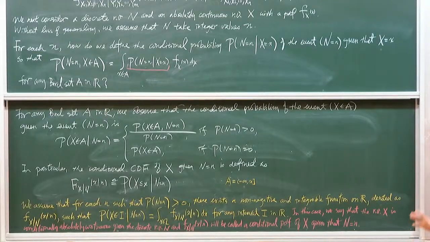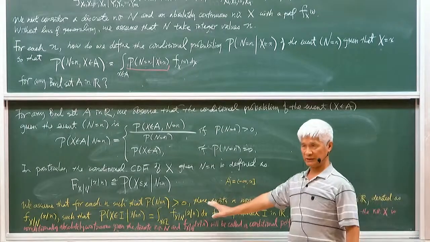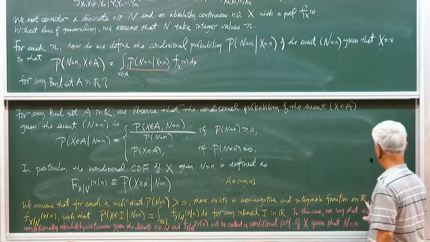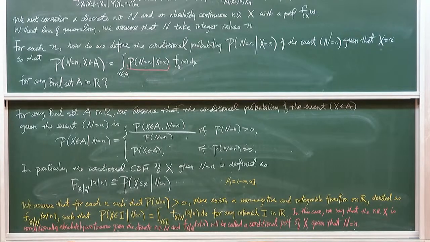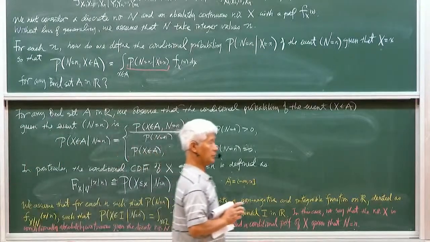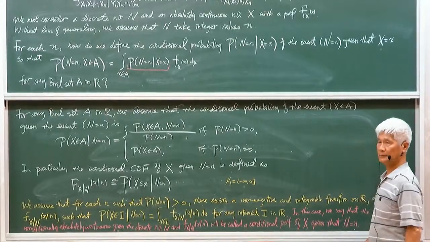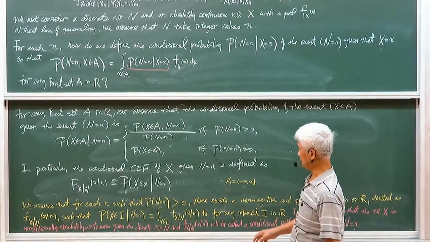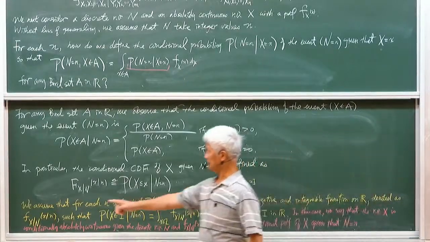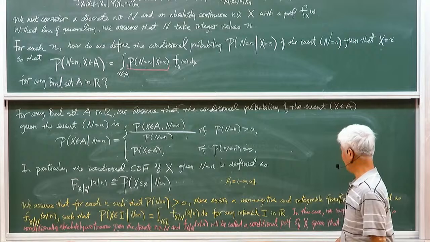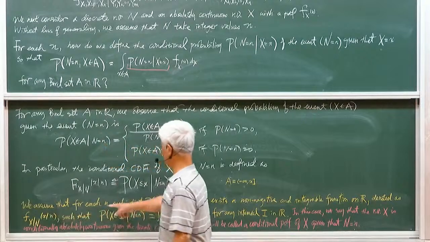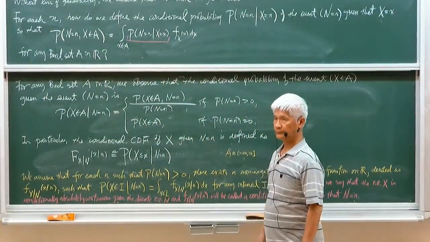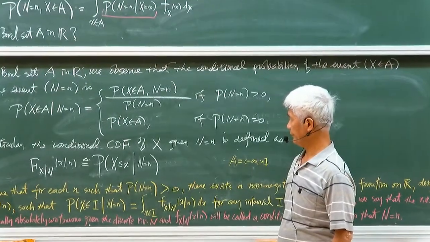All right. So for the mixed type of random variables, we assume that random variable X is conditionally absolutely continuous given the discrete random variable N, which means that we can find a conditional PDF of X given that N equal to little n, for each possible value little n.